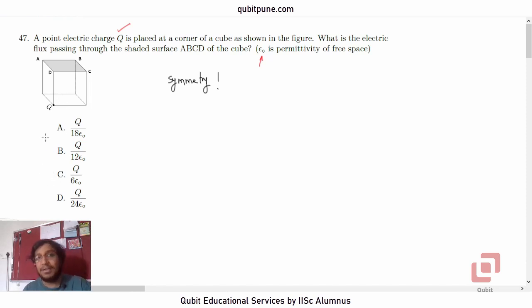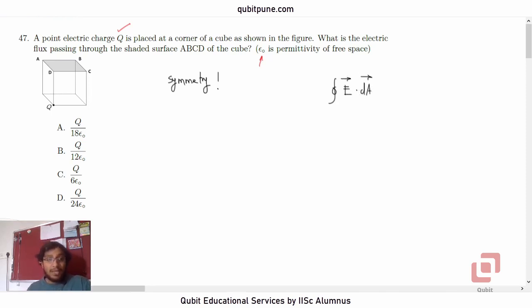So we can't definitely use symmetry with this structure. But again, we know that we want to avoid the complicated integration that will involve the calculation of the flux integral E dot dA. We don't want to do that.